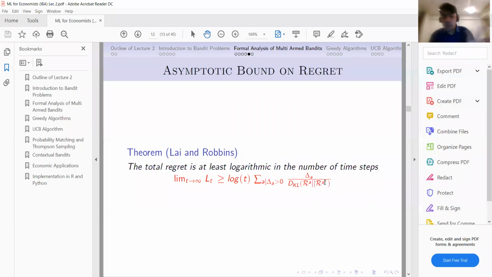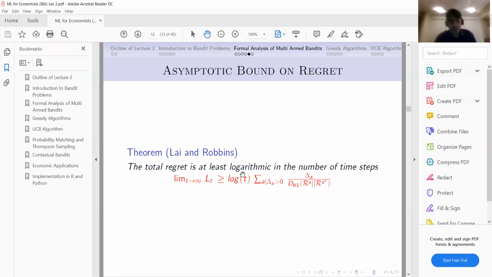So if D_KL is very high, this term is going to be very small, and then the lower bound of the regret is really low asymptotically. Similarly, if the distributions are very similar, then this distance is going to be very small, this ratio is going to be very large, and so the minimum bound is really high. So you have a problem, because you cannot minimize it beyond that point.